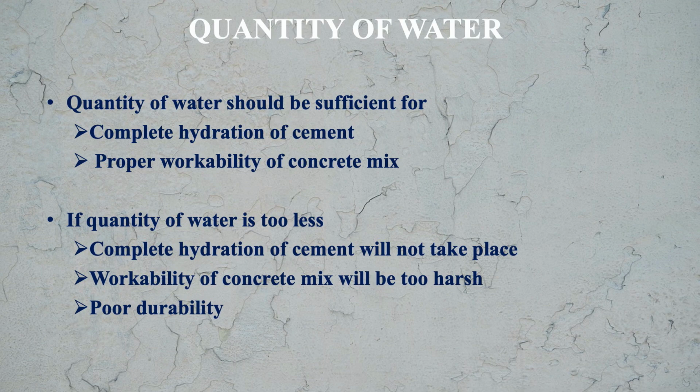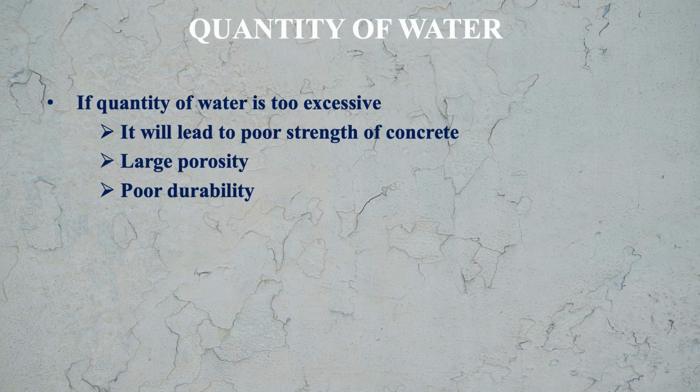If quantity of water is too excessive, means just now we discussed that if quantity of water is less, if quantity of water is more, then also there are problems. What are these problems? It will lead to poor strength of concrete. Large porosity will come into the picture in the concrete, and again durability will be less.